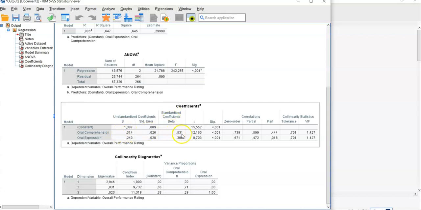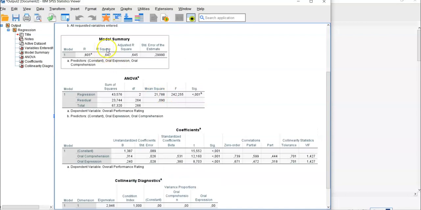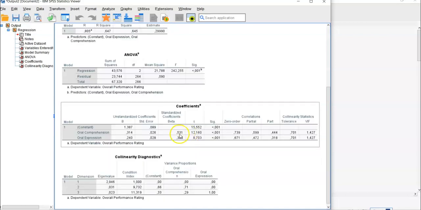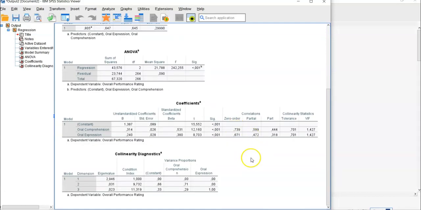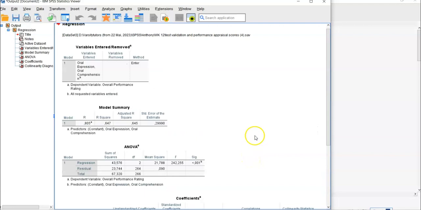The beta corresponds to the R squared: about 53% was explained by oral comprehension and 38% by oral expression. Overall, together, they explain 65% of the variance in performance. This is linear regression when you use Enter as the method.